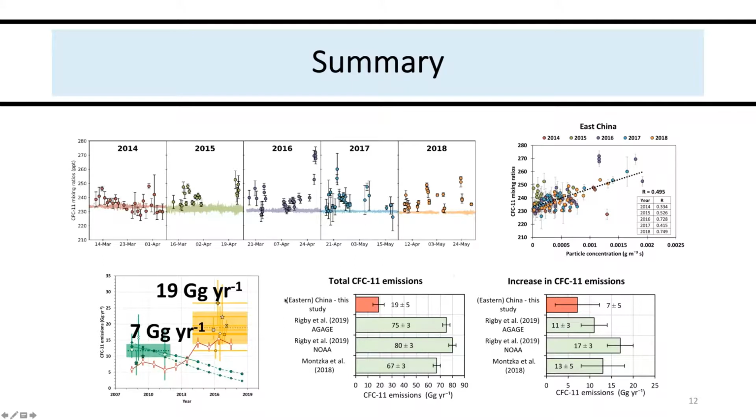We did this because there wasn't a clear difference between having higher emissions for the whole of China and lower emissions for just the eastern part of China. All of the estimates overlapped, so we decided to combine them together.